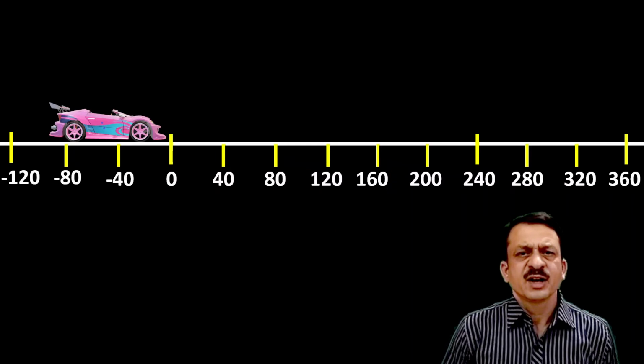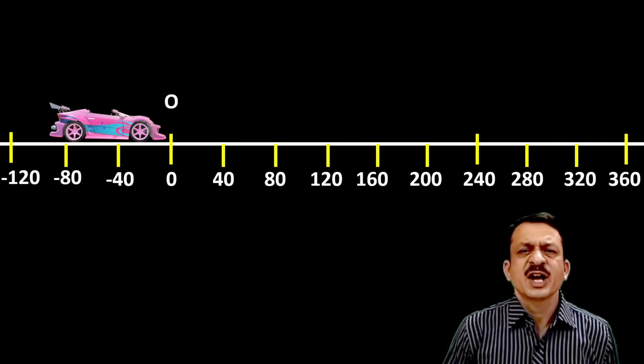Now let us take a car at the origin starting point, it is at 0. In the first case, the car travels from point O to the point P, which is at a distance of 360 meter in the positive x direction.